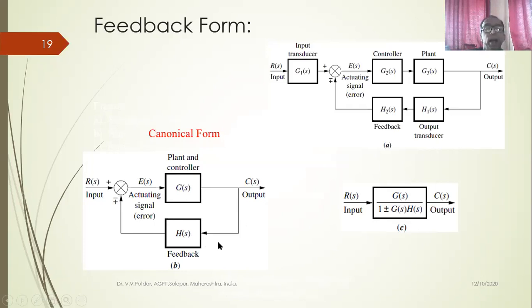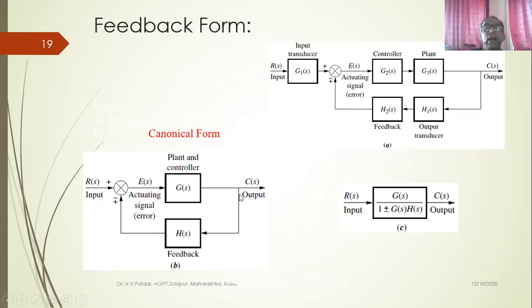Now this canonical form can also be converted into a single block by using this rule. I take R(s) as the input and C(s) as the output. What is the transfer function? C(s) by R(s) is G(s) upon 1 plus or minus G(s) into H(s). We have to remember this rule for elimination of a feedback loop.